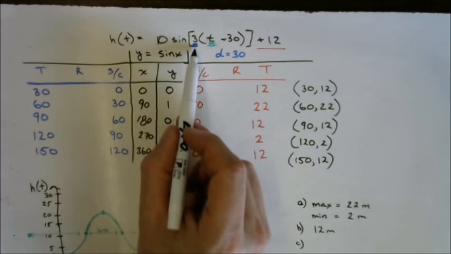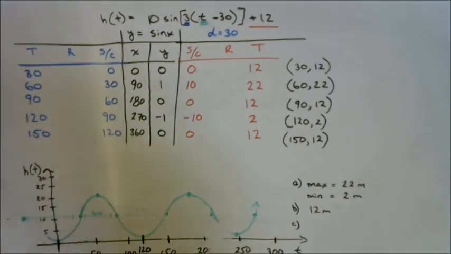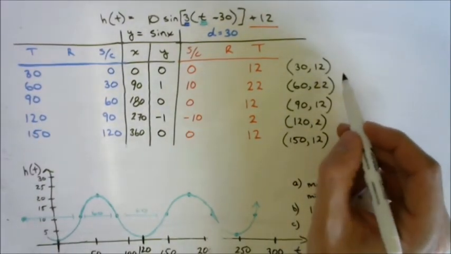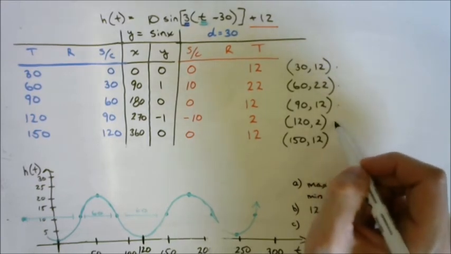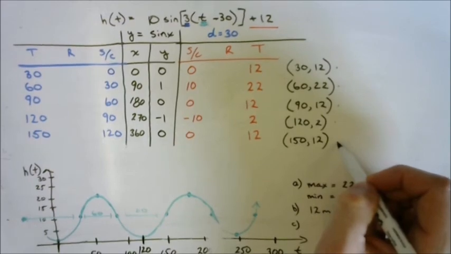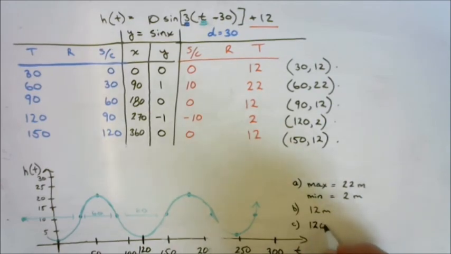We've got 360 divided by k. 360 divided by 3 is 120. Another way to do it would be to look at your points here and say, from my rest through my max, through my rest to my min, back to my rest, 150 minus 30 is 120. So 120 seconds.